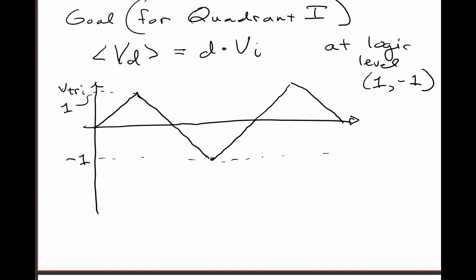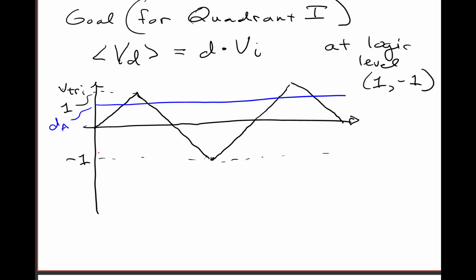Now what we're going to do is come up with a controlled voltage. I'm going to call this D sub A, that duty cycle applied to the phase A leg.